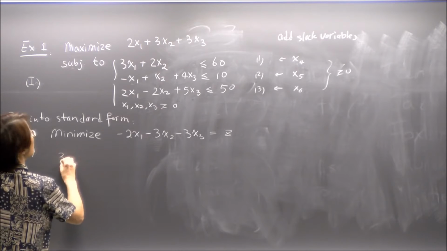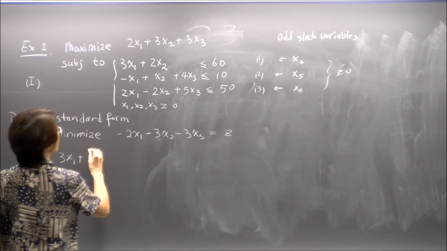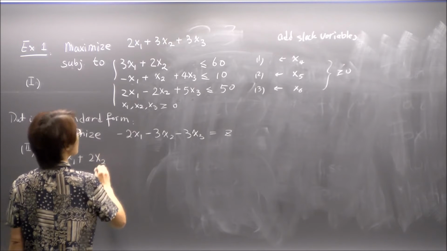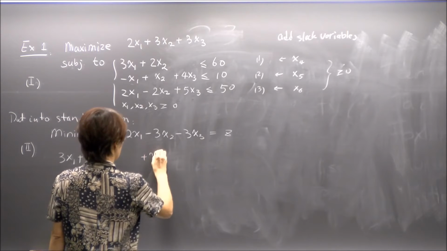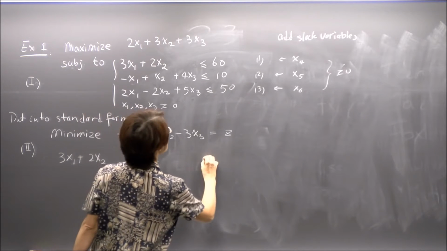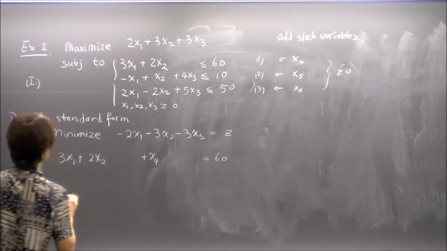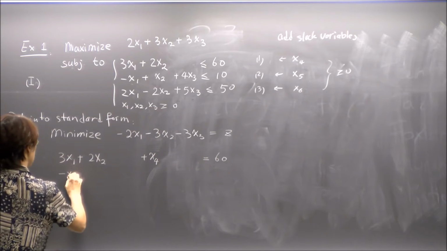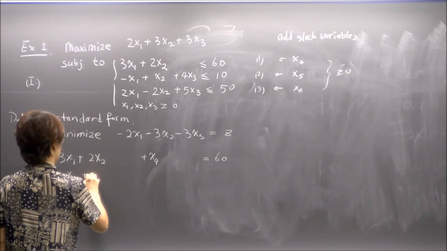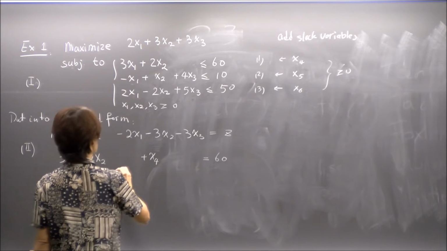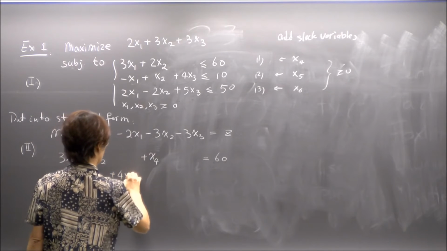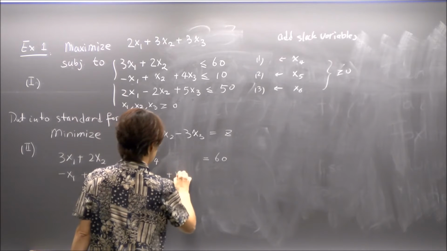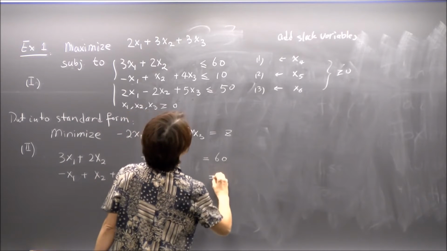And then I will add all the slack variables. So the first equation, I'll add an x4. This will equal 60. And let me copy. And here I add an x5. It's 10.